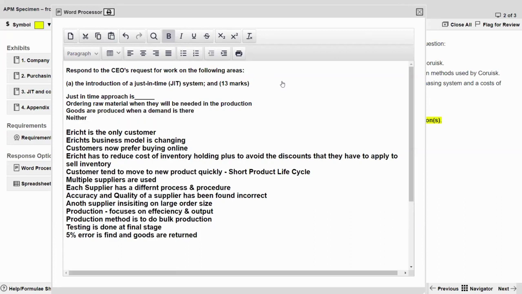Neither raw material nor finished goods inventory is maintained.